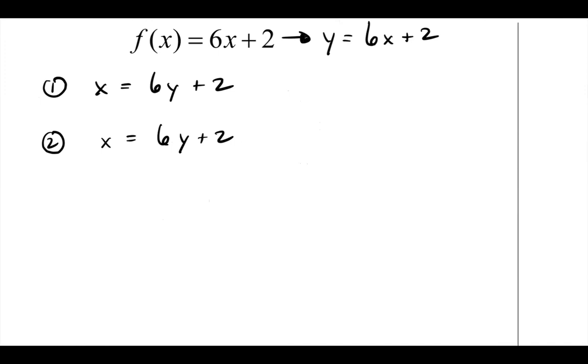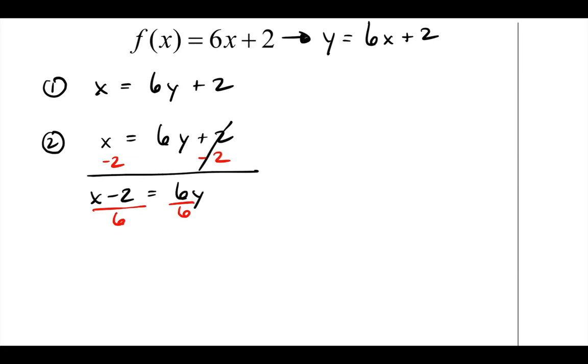So what's my first step going to be if I'm solving for y? Subtract 2 from both sides, good. So we get x minus 2 equals 6y. Almost there. How do I get y by itself? Divide both sides by 6, good. So I get y equals x minus 2 over 6.